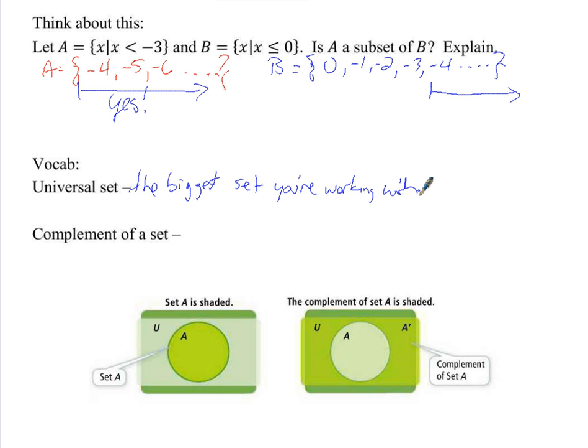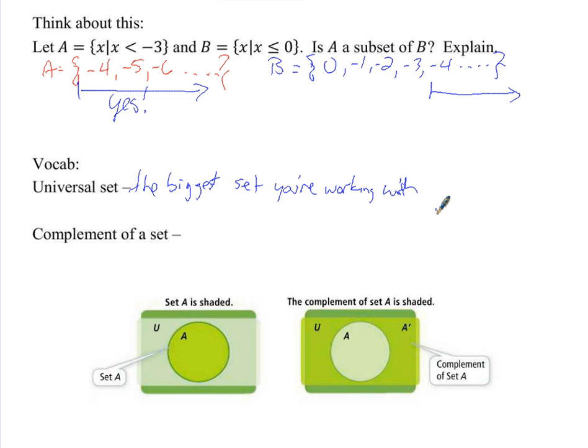The biggest set that you're working with. For us in algebra, usually that just means the biggest set is all real numbers. And then from there we go down to smaller and smaller sets. The rational numbers, the integers, the natural numbers, those are all subsets of the universal set, which is all real numbers.